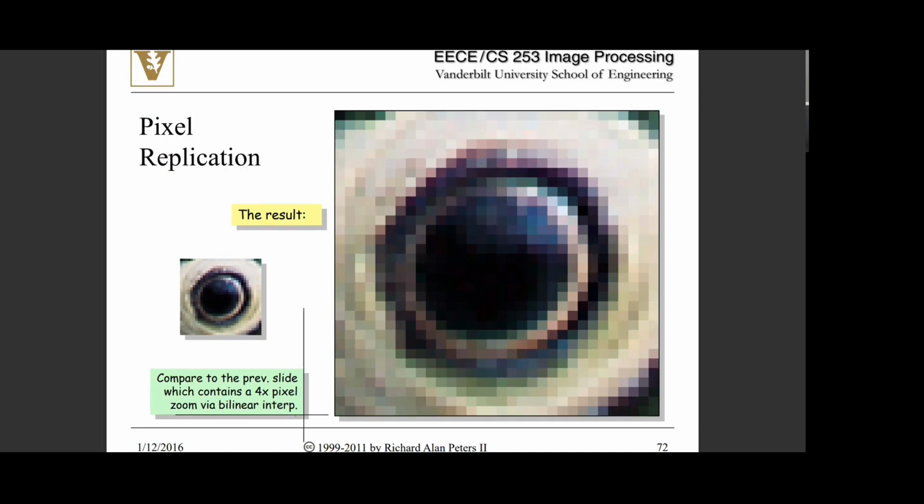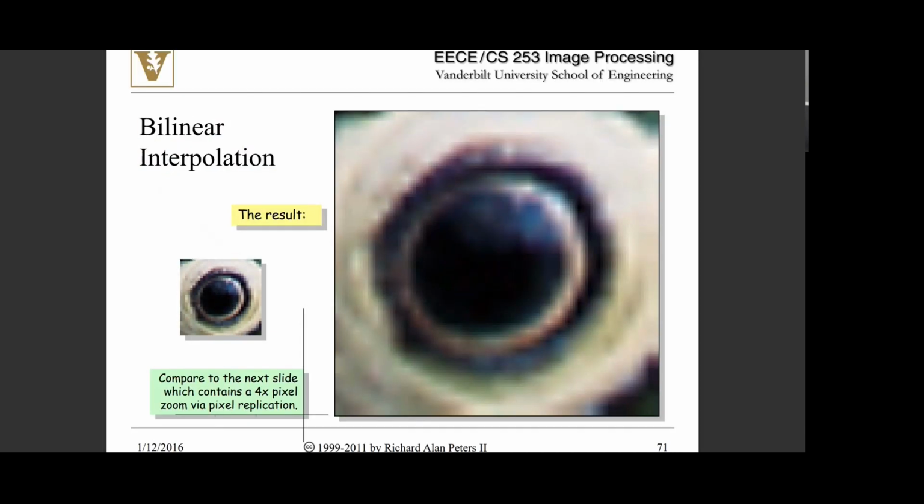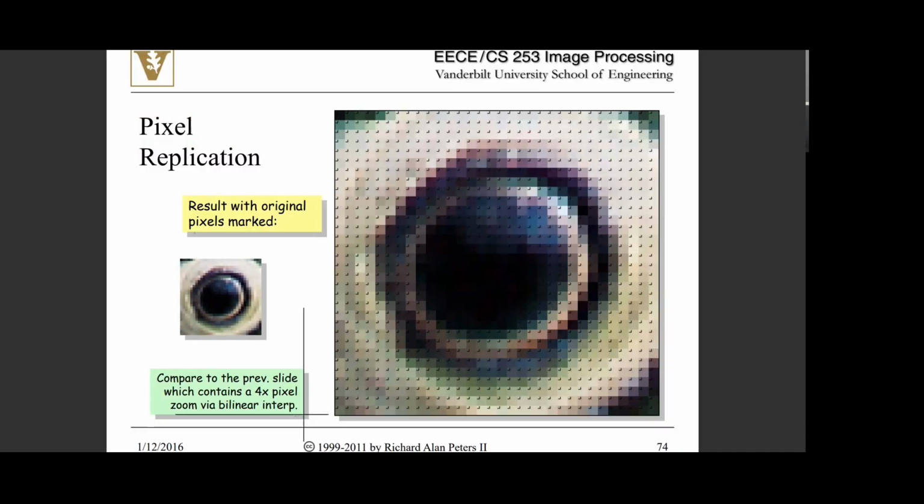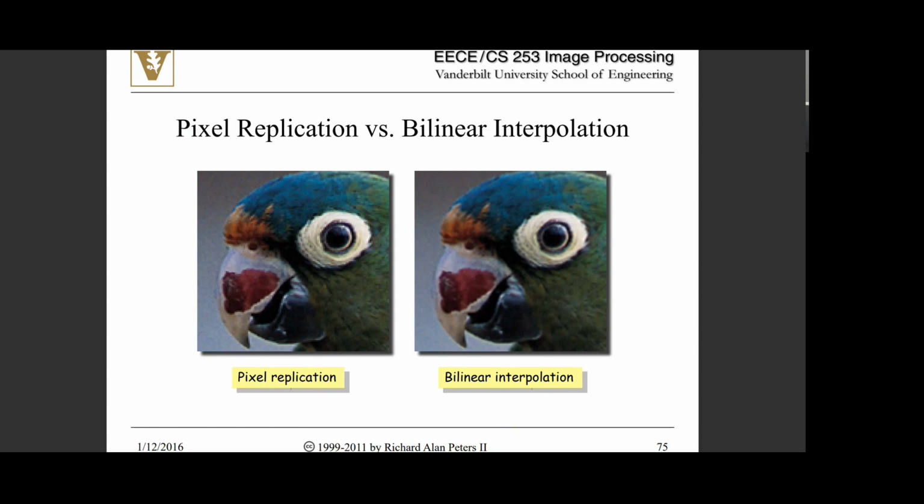You can compare these two. One is going in steps, the other one is going smoothly. Here we have the results with bilinear interpolation and nearest neighbor interpolation. This one is much better. You see the borders are much smoother than here, where we have a lot of steps.